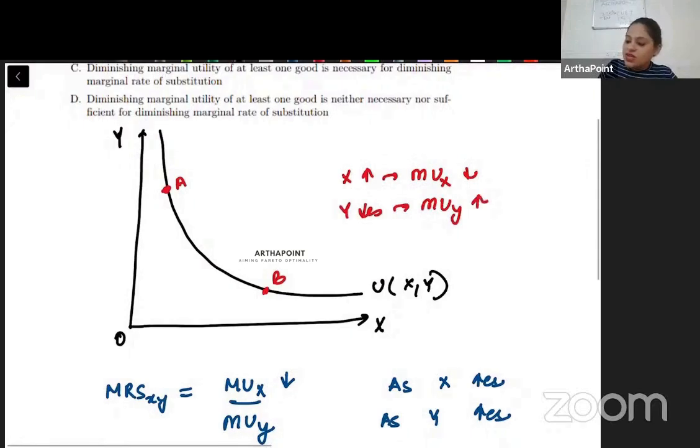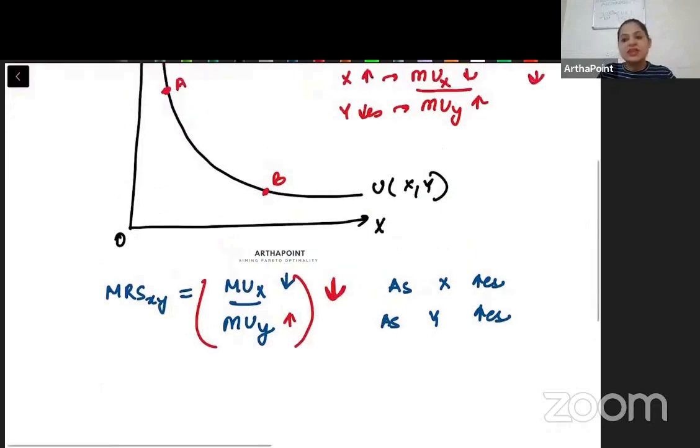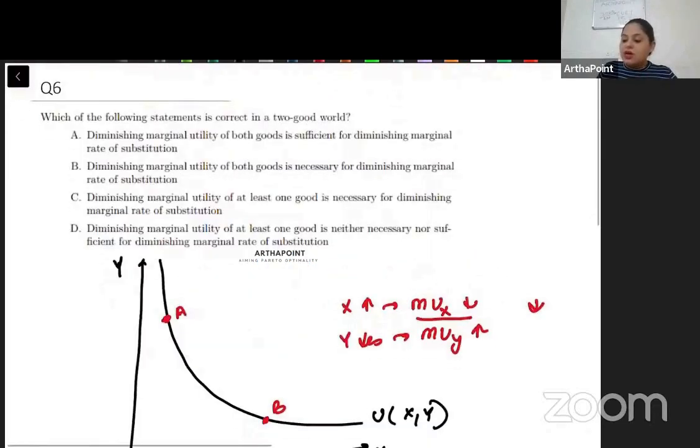So when I find this ratio, it decreases. So we are talking about diminishing marginal utility for both the goods. When I assume that we have diminishing marginal utility for both the goods, then I think we are coming to some conclusion.